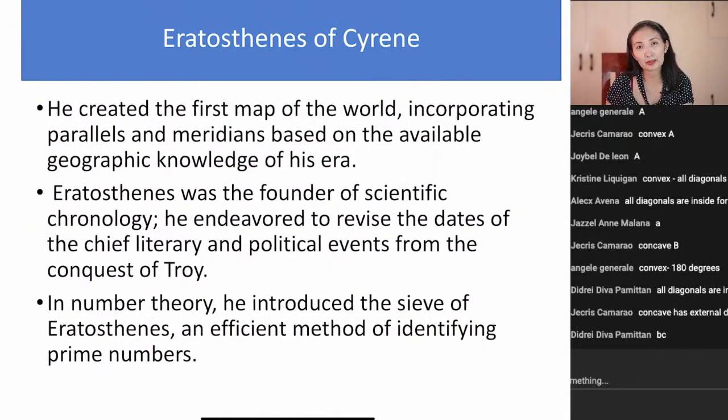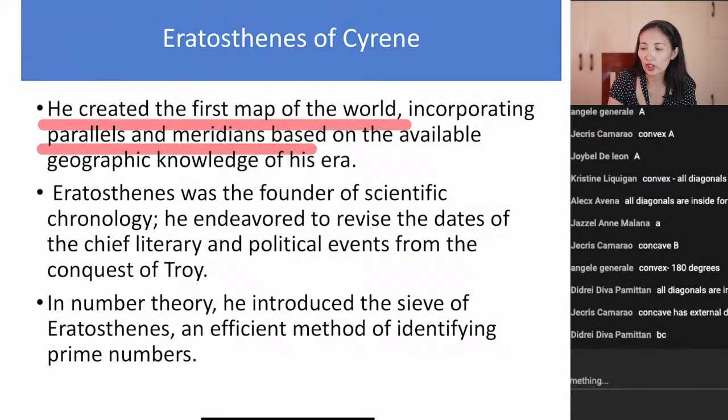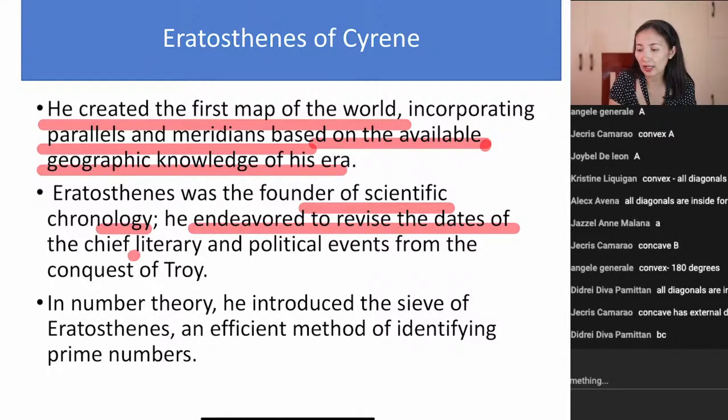Aside from that, he created the first map of the world incorporating parallel meridians based on the available geographic knowledge of his era. He was also the founder of scientific chronology, and he endeavored to revise the dates of the literary and political events from the conquest of Troy.